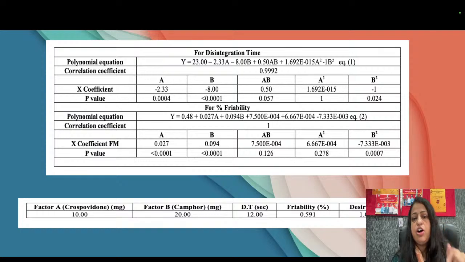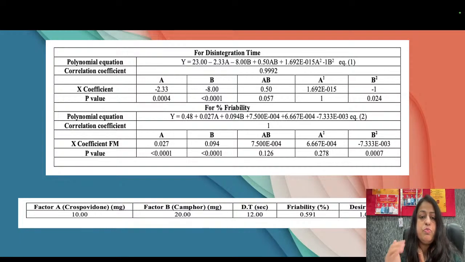According to its analysis, it is giving factor A as 10 milligram, factor B as 20 milligram, because I have set the goal as minimum disintegration time and minimum percent friability.